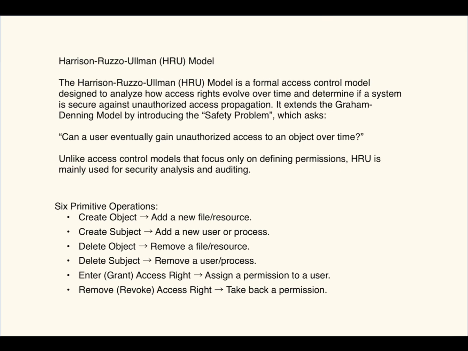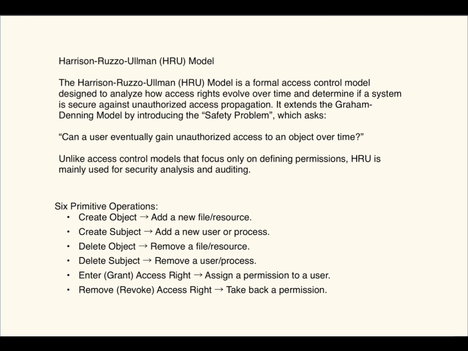When we create a matrix, the rows always have subjects, users, processes. Columns can be objects, files, database systems, and each cell can have a permission: read, write, execute.